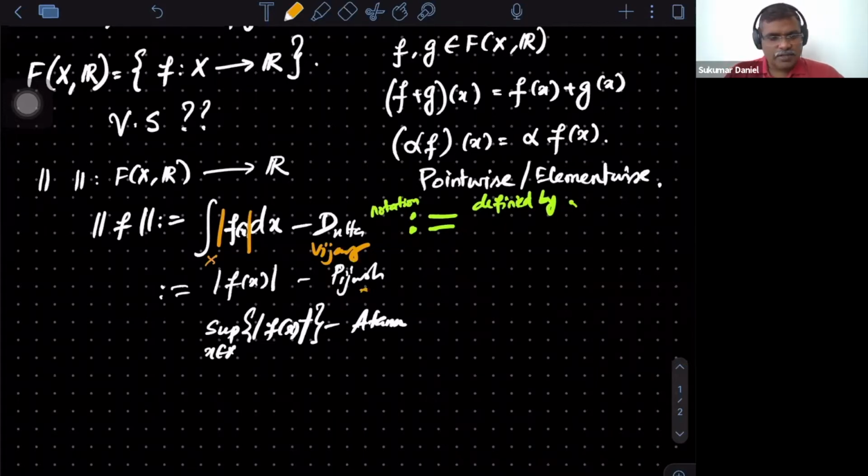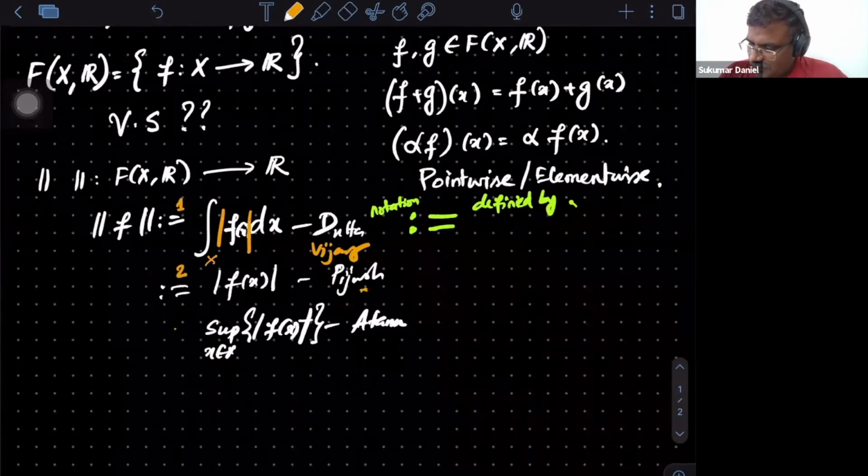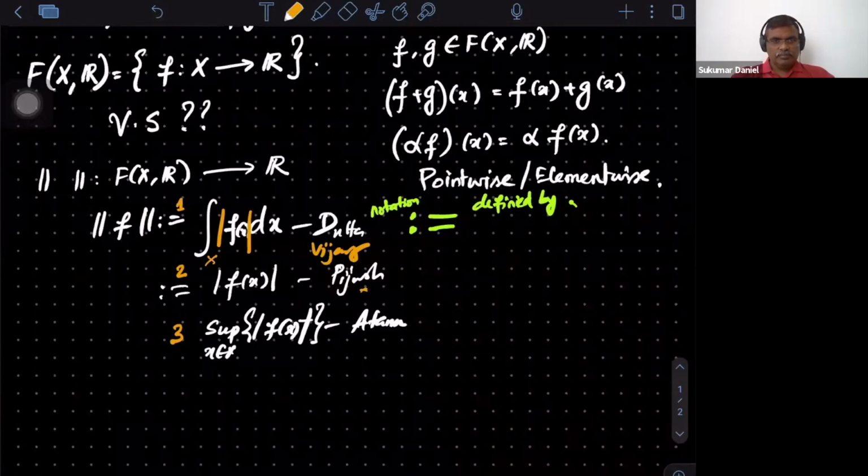Okay, so there are options. I'll call these 1, 2 and 3. Just send a chat message saying which of you think is a norm. One with the mod. Datta is also accepting that. Take the modulus of the integration. Piyush says none.